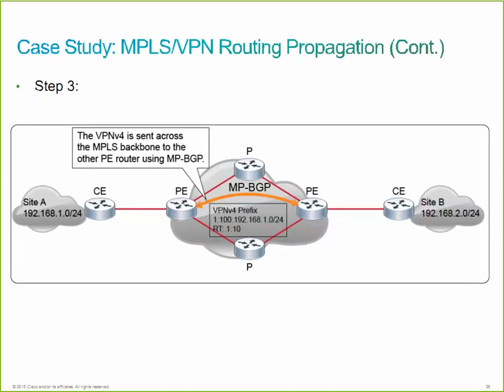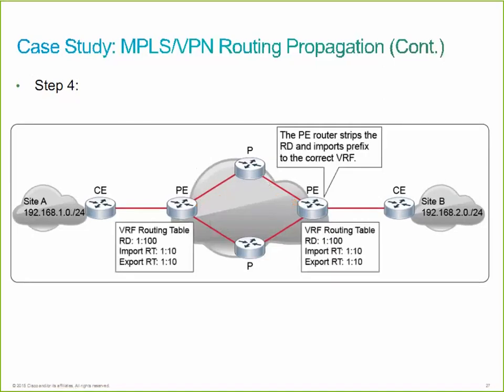The value in this case is 1:10, and that's configured as the export route target on the PE router, as well as the import route target on the receiving PE router. When the PE router at the other side receives that VPNv4 prefix over MP-BGP, it's going to strip off the route distinguisher tag.